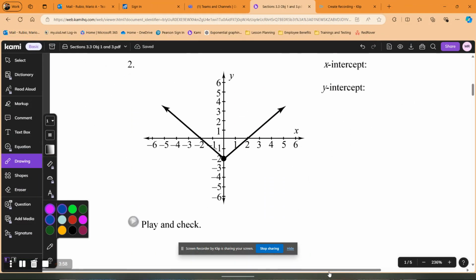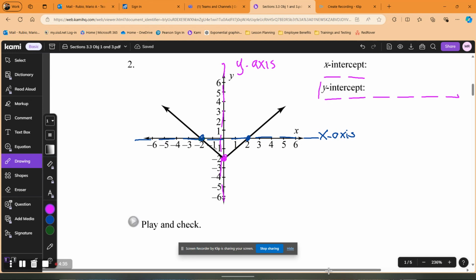So remember, we have our y-axis, and then we have our x-axis here in blue. Where do we cross? Well, we've got 2 intercepts. Actually, we have 3 intercepts. We've got this one where it crosses the x, and then we've got this one where we cross the y. I want you to fill in the coordinate points here, and then fill in your coordinate points here.